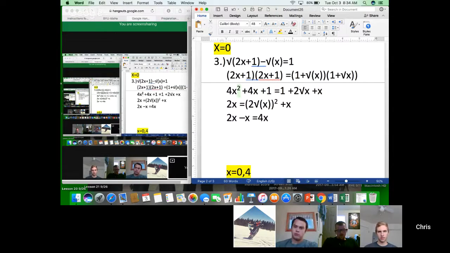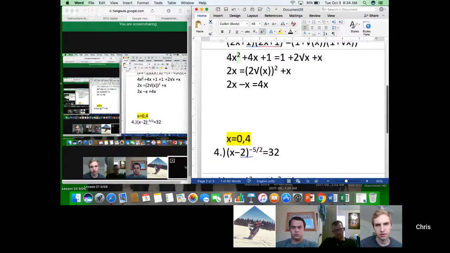Because at the beginning it's square root 2x plus 1. I'm just wondering, in the answer key it has 0, 4, but there's no solving it in the answer key.